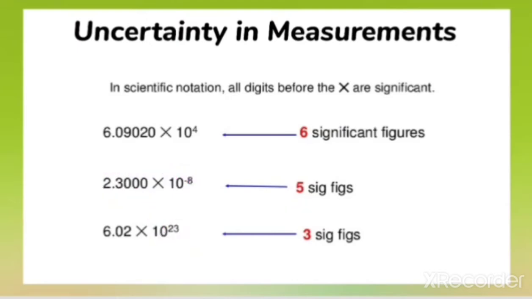So what we can say is that while counting the significant figures, all the digits before the cross mark are significant. That means all these digits are significant, here all these and here all these, if it is in scientific notation form.